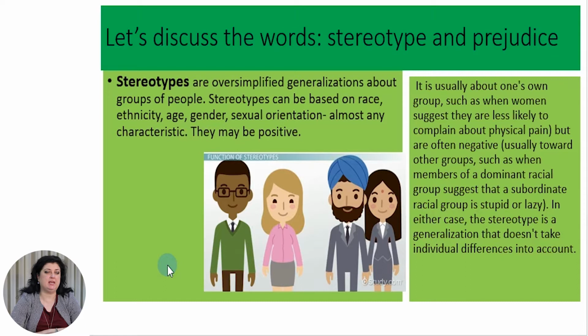It is usually about one's own group, such as when women suggest they are less likely to complain about physical pain, but are often negative, usually toward other groups, such as when members of a dominant racial group suggest that a subordinate racial group is stupid or lazy. In either case, the stereotype is a generalization that doesn't take individual differences into account.